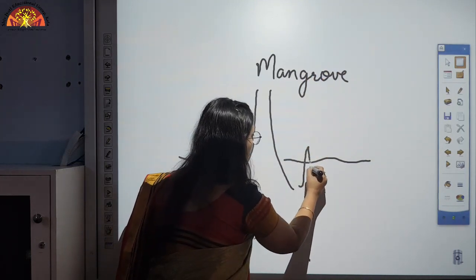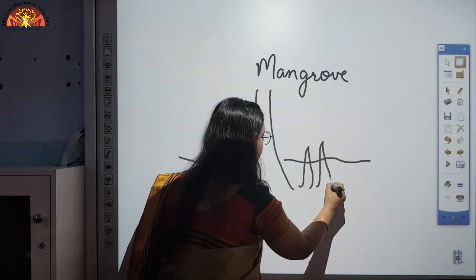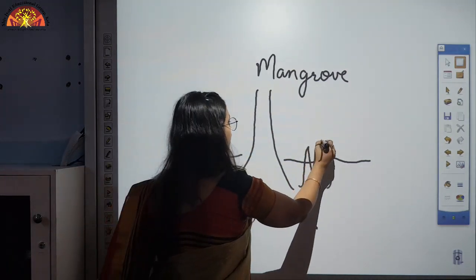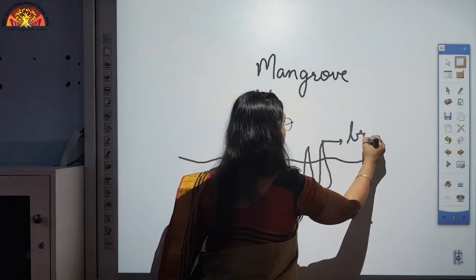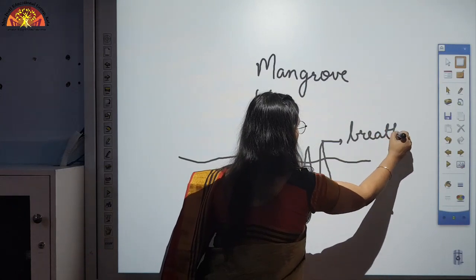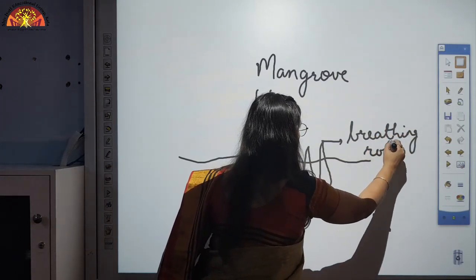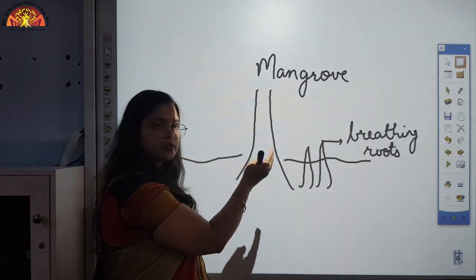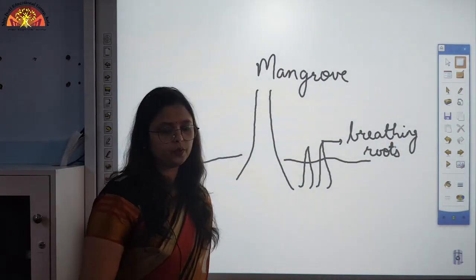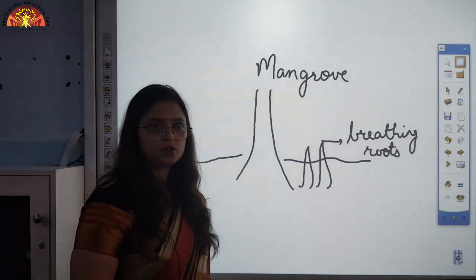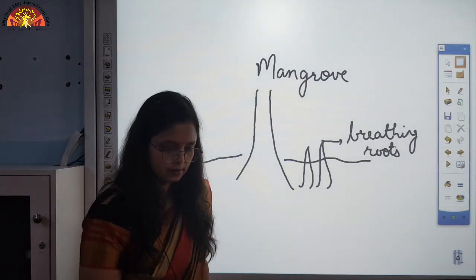The roots come out of the soil like this, okay, and these are called breathing roots. So these roots take up the air from the surrounding atmosphere, and in this way they are able to perform their photosynthesis, okay.